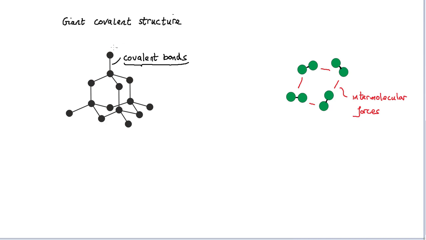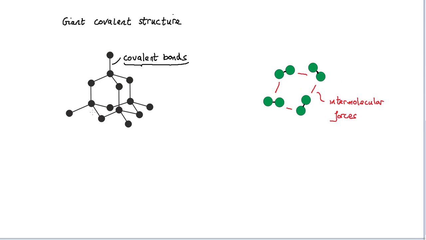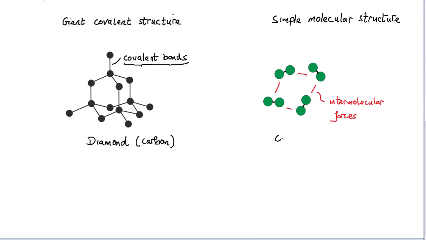Both of these involve covalent bonds. One of these is the giant covalent structure, an example of which is depicted here, which shows the structure of diamond, which is an allotrope of carbon, and the other is the simple molecular structure or substance, which you'll find in the group 7 elements.